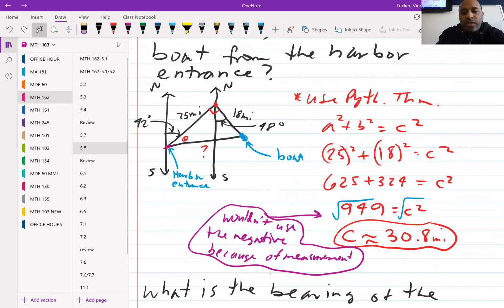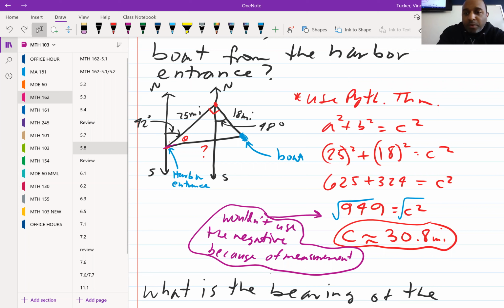And then it says you wouldn't use the negative because of measurement. So don't forget, whenever you take the square root of both sides, there's a plus or minus that comes along with the square root property. But we would not have to consider the negative because we're dealing with measurement.